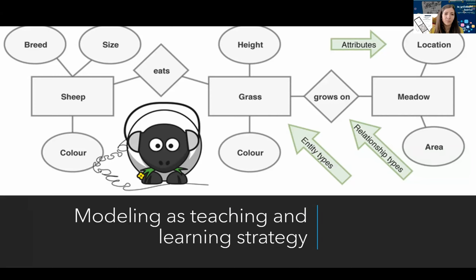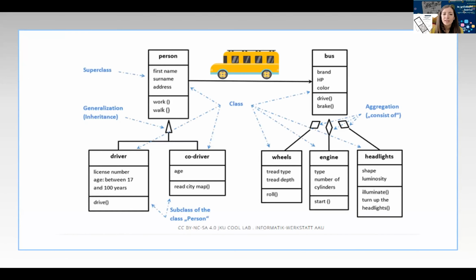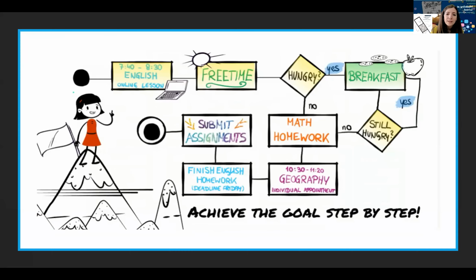And we work with different models. For example, here's the entity relationship diagram, or the class diagram, which is part of the UML, Unified Modeling Language in computer science, or one of my favorite ones, the activity diagram.